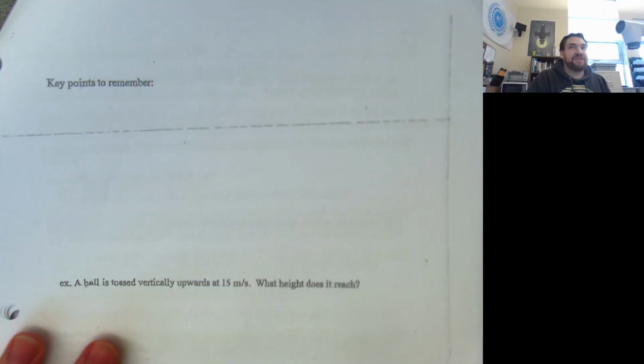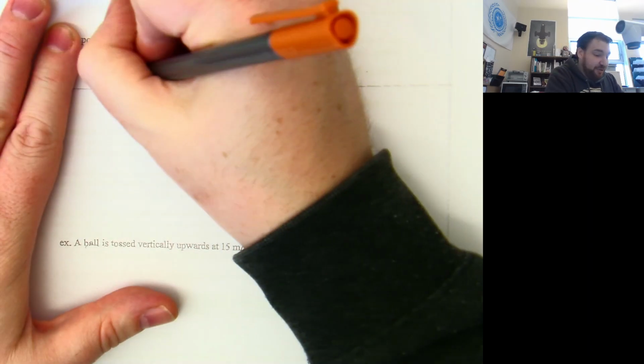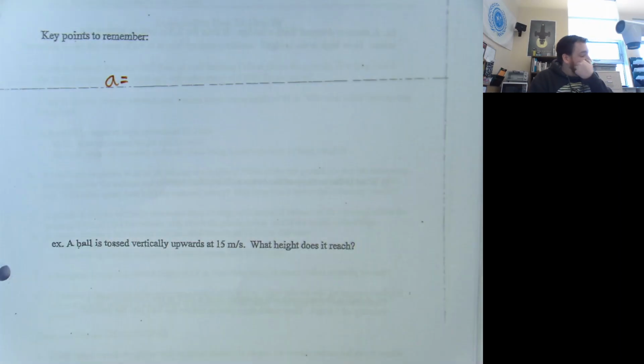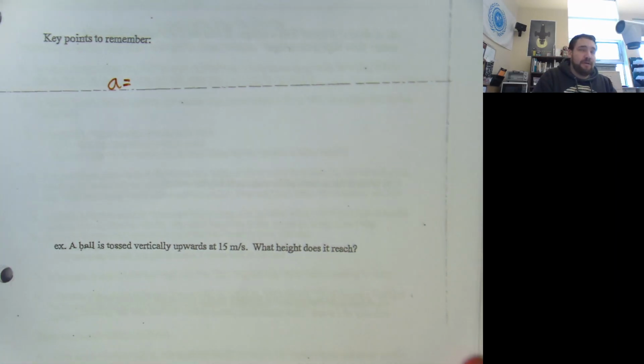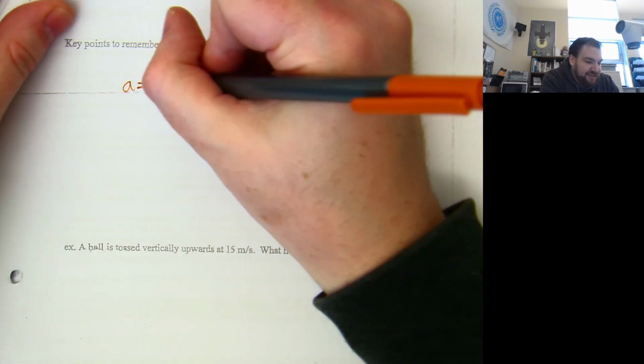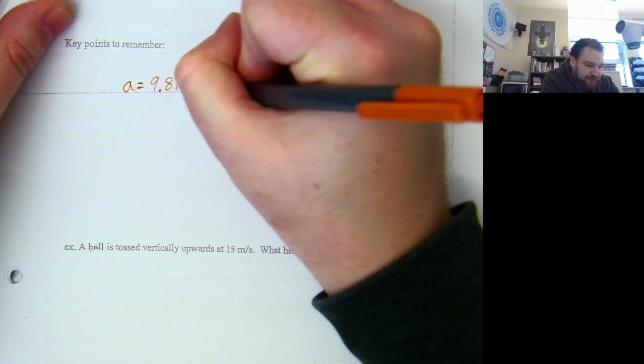Flip over. Some key points to remember. You're going to prove this, but for the time being, I'm going to get you to accept this. The acceleration due to gravity, when we work with the acceleration due to gravity, so acceleration for any falling object, the acceleration is equal to, if we're going to get technical, 9.81 meters per second squared.